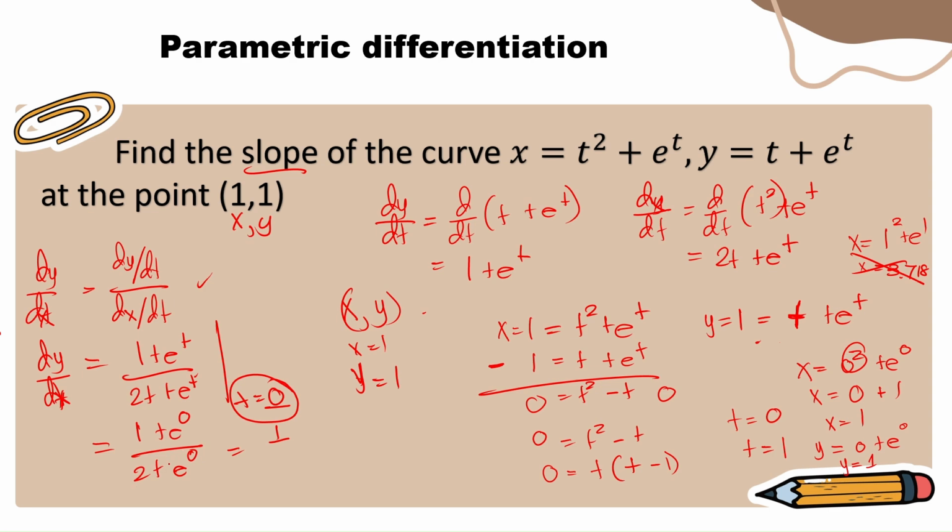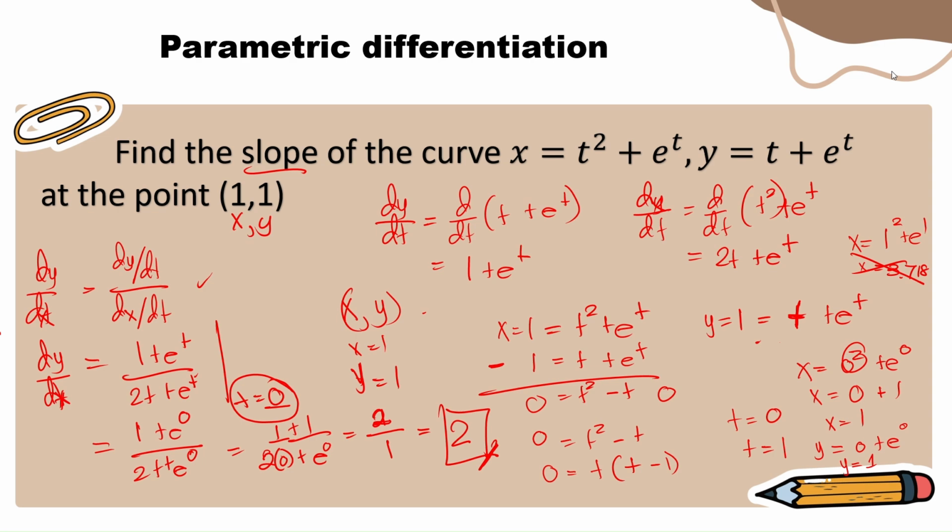Sorry, 2t plus e. So this will be 1 plus e raised to 0, which is 1, then 2 times 0 plus e raised to 0. So that will be 1 plus 1 is 2 divided by 0 plus 1. So dy over dx, or the slope of our function at (1, 1) is equal to 2. That will be our answer.